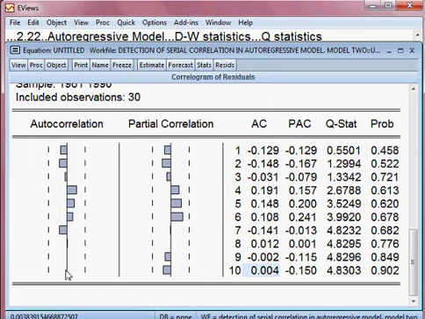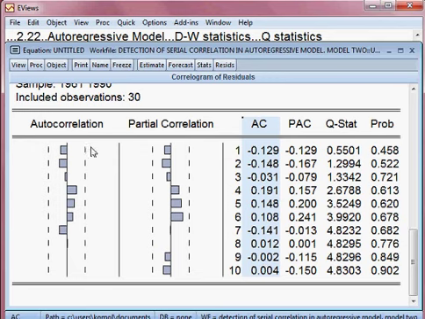What about this one? 0.141 at lag 7. When the autocorrelation function is almost 0 or very close to 0, then we can say probably there is no serial correlation.